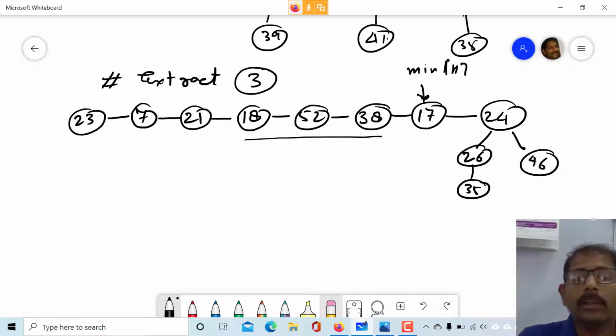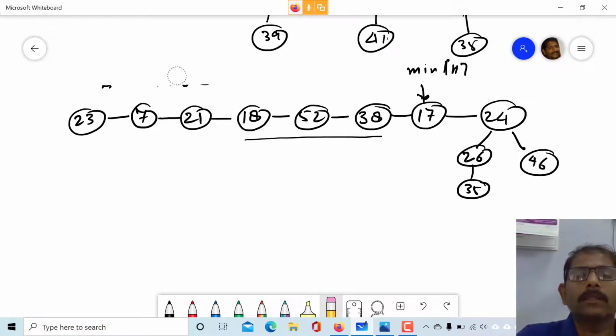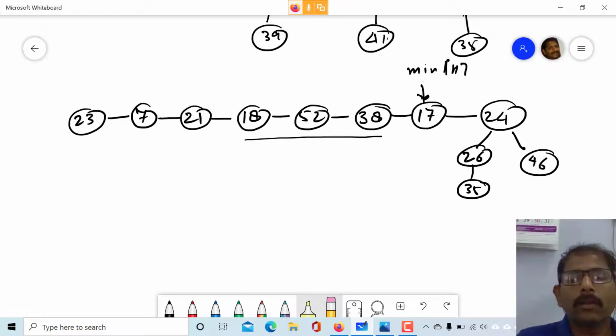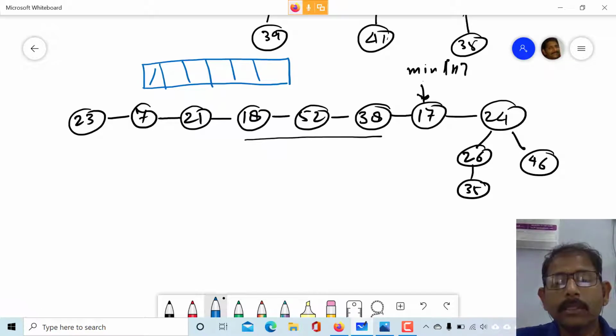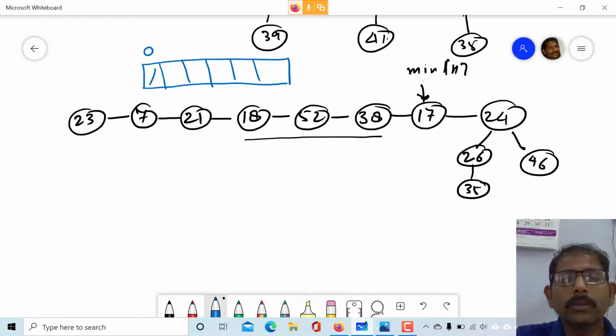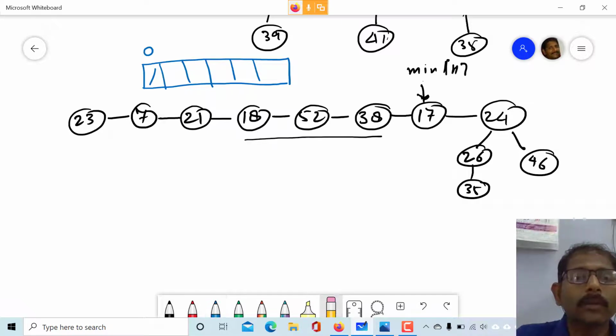For this purpose, we have to make a stack here like this, and this stack will have some numbers starting from 0.